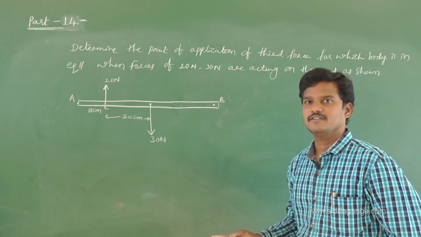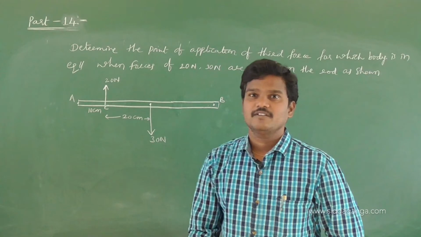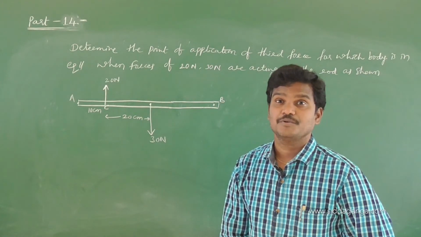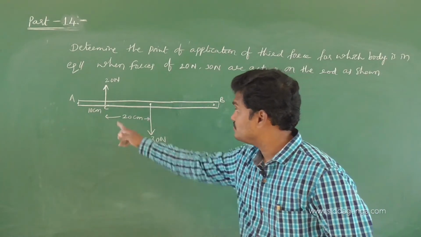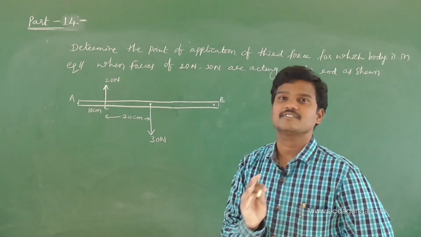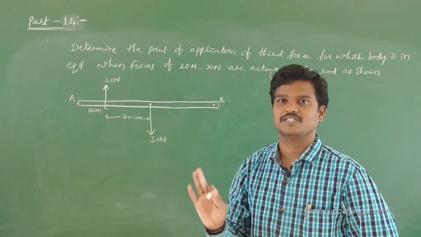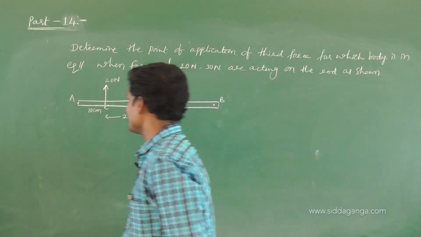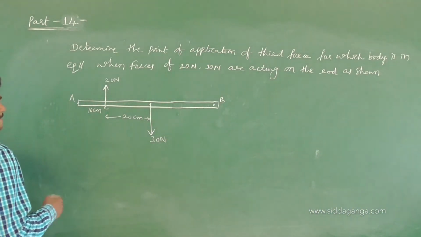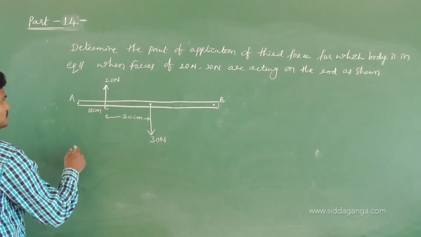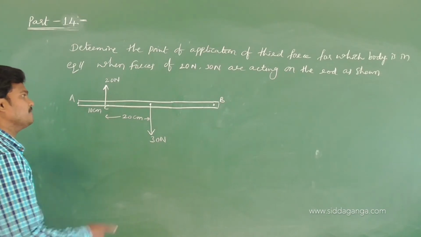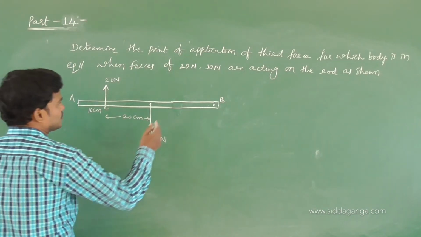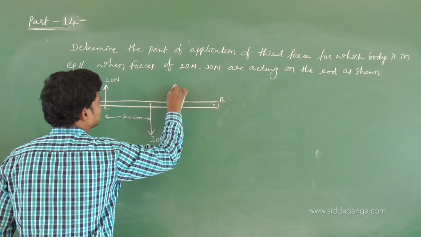Answer completed. In the options, if they give at what distance from A you are applying the 10 Newton, at what distance from B, at what distance from C, if they ask like that, you have to use two conditions. Let us see. So, let F be the force applied at any point. Let me apply a force like this.